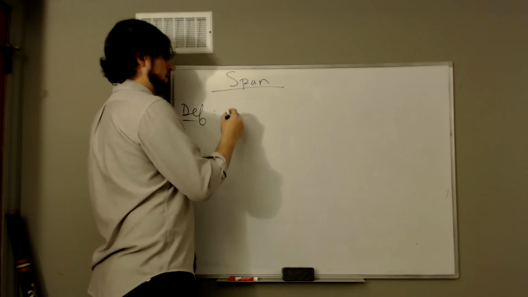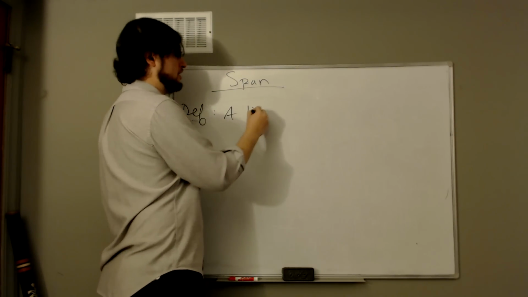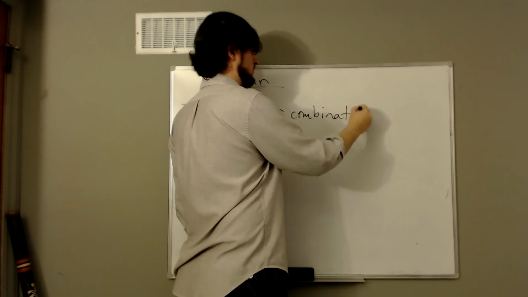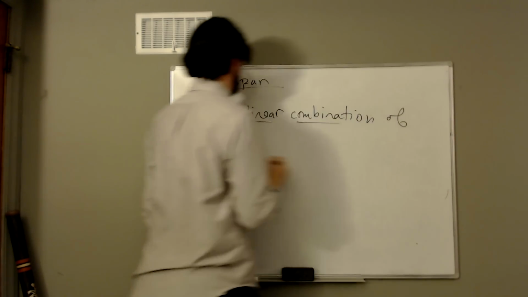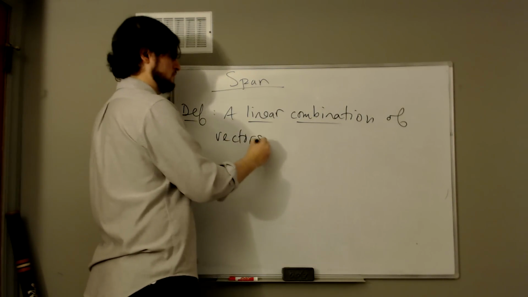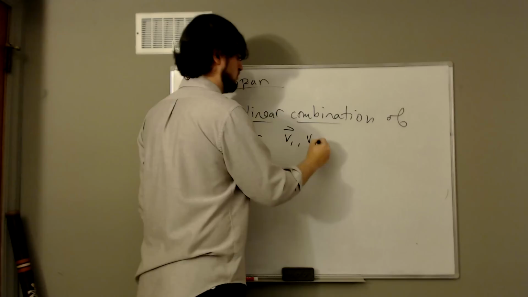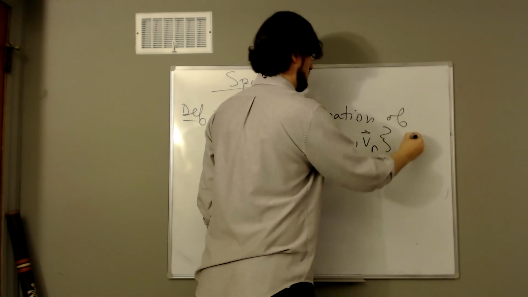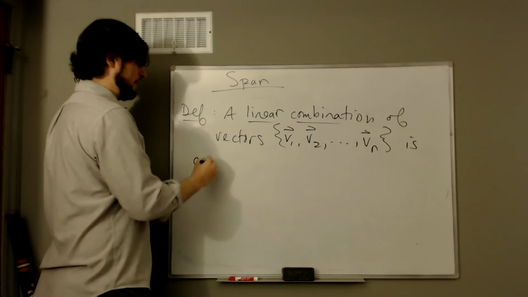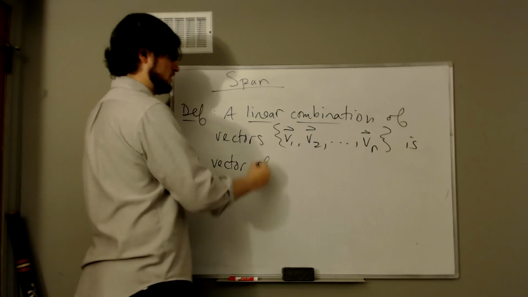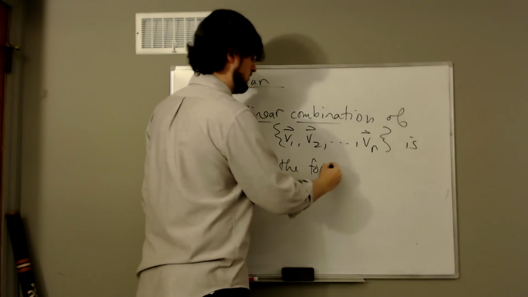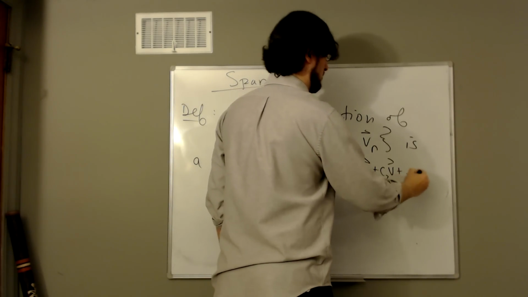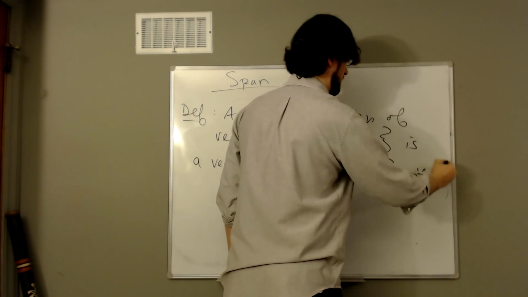We say that a linear combination of vectors v1 through vn is a vector of the form C1 v1 plus C2 v2 plus through Cn vn.